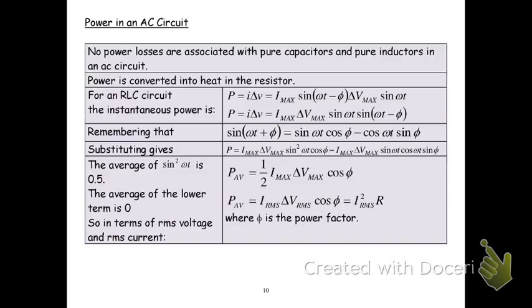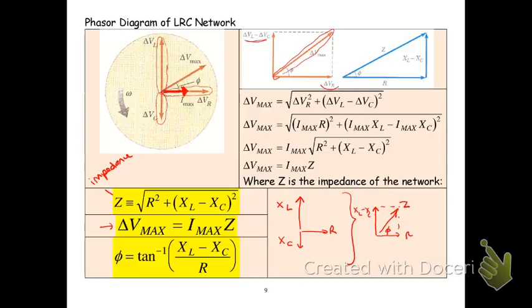So a typical question would be, I give you an omega, I give you an R, an L, and a C. I ask you for XL and/or XC at a given frequency.